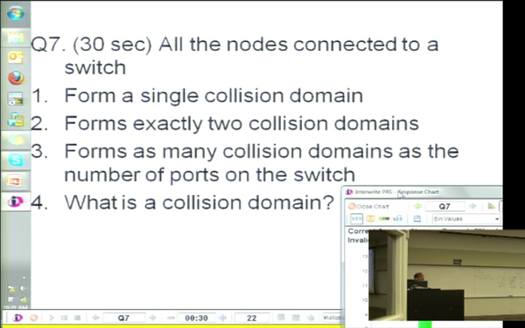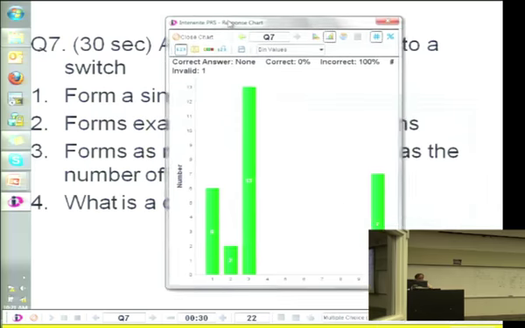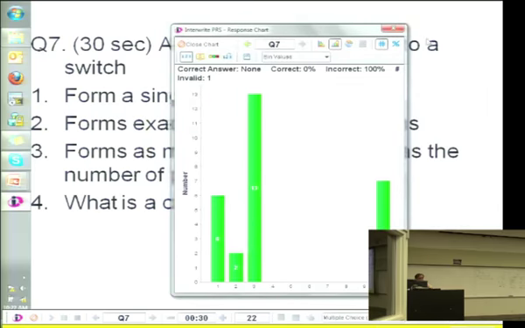Anyone confused about collision domain? You can feel free to ask questions. Here's the chance, a sort of review. If you have doubts, this is a chance to clarify it. Don't be shy.